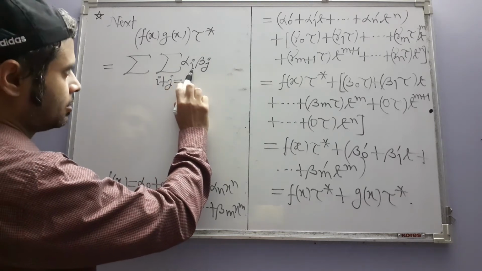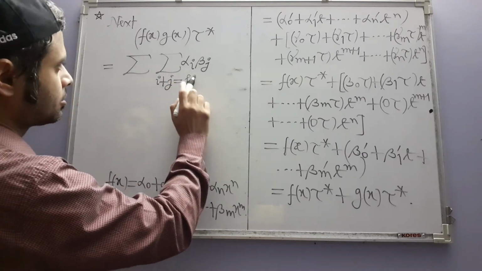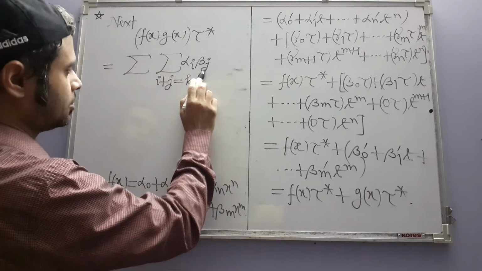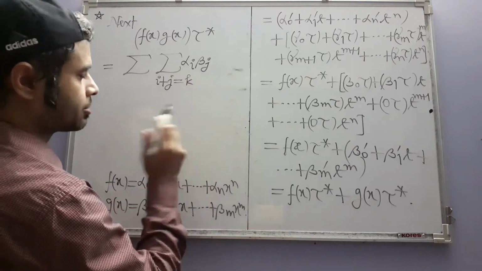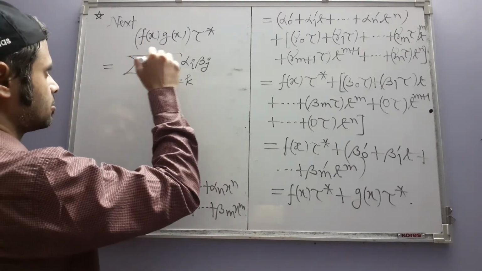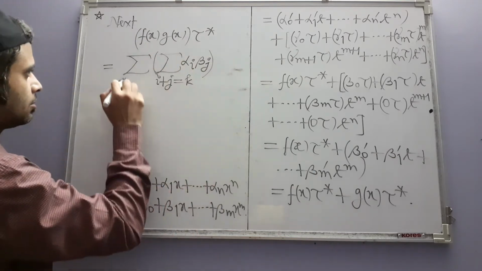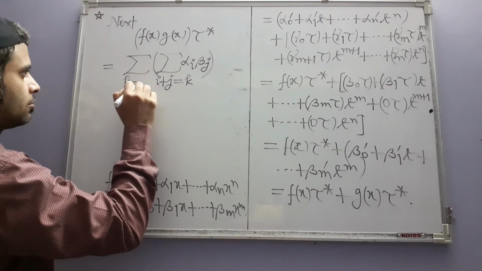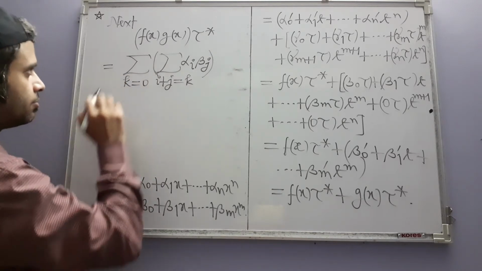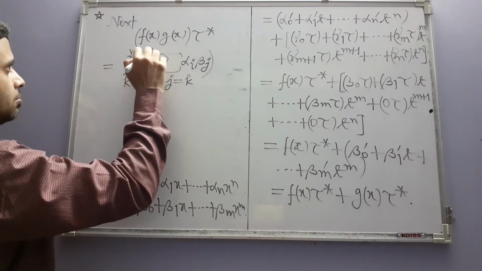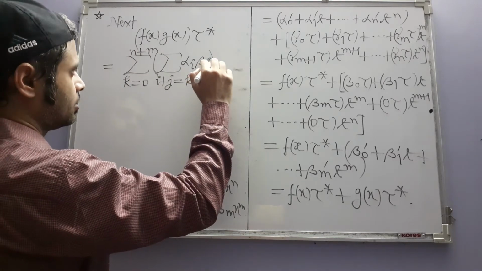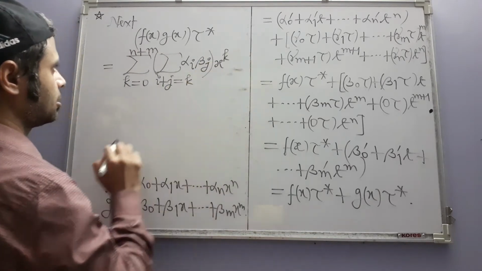Because i plus j is k, instead of writing j, you can write k minus i also, but I choose to write like this. For some reason, this is easier for me. k equal to 0 to n plus m, and here you have x to the power k.